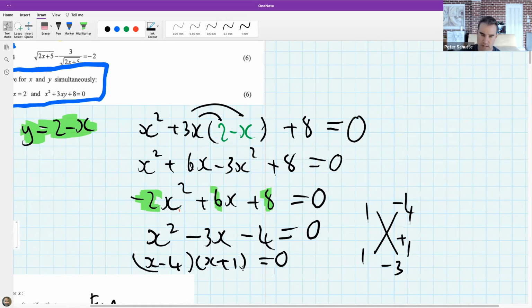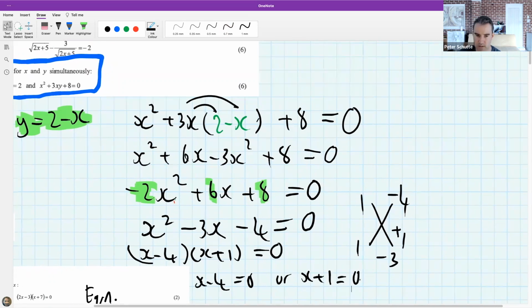So I definitely am getting that x is 4 or x is -1.